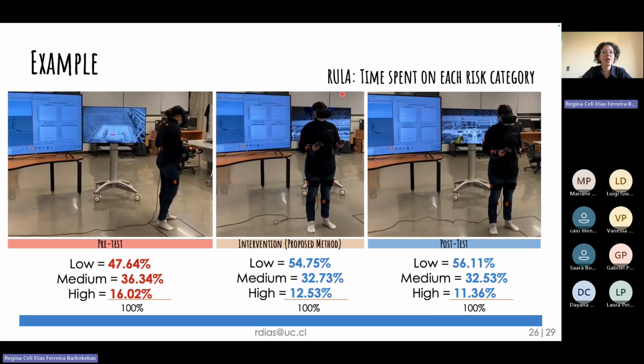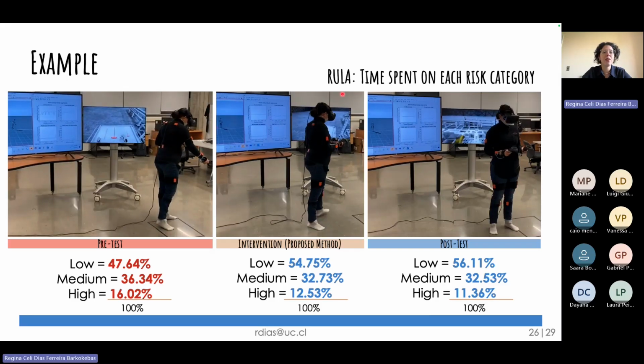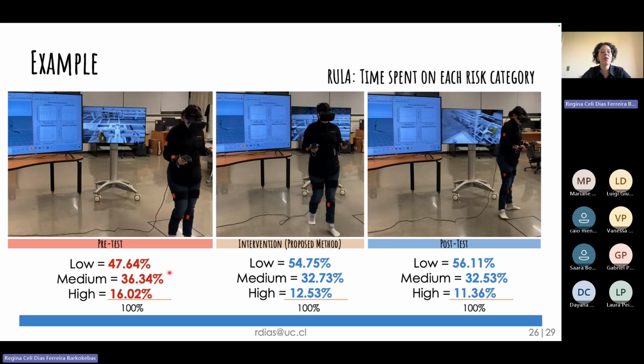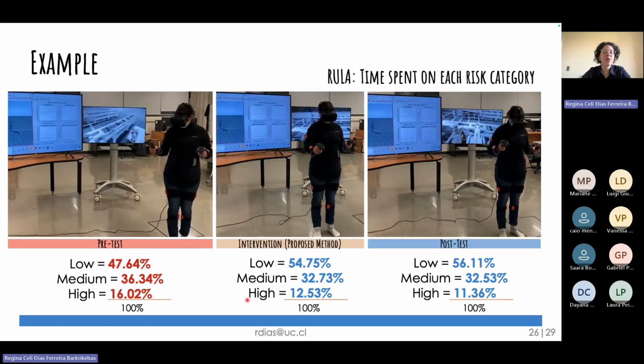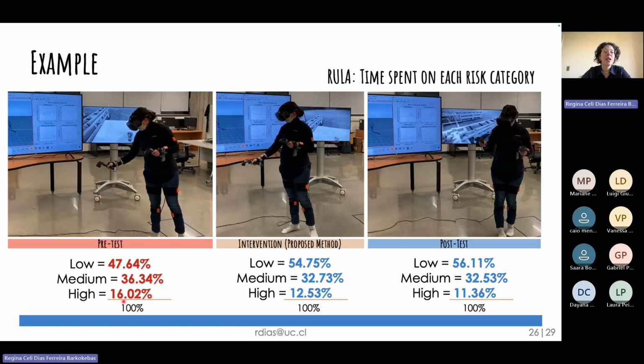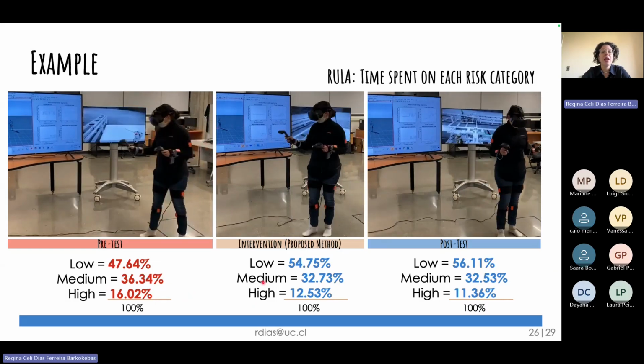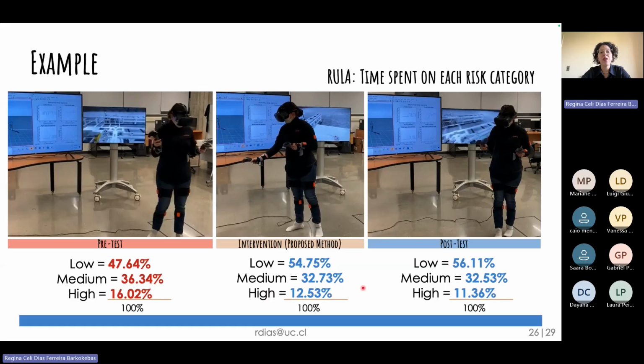And here we have some examples of the same participant doing the task 3 times, and the breakdown of the time that she spent in each risk category. So she spent the beginning 16% of the time in the high risk range, then she decreased to 12 and then to 11.